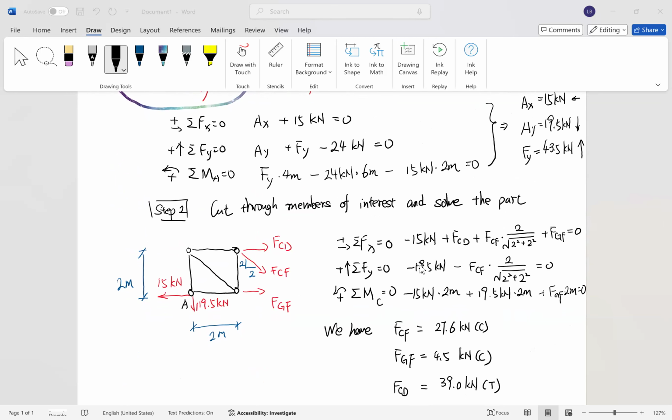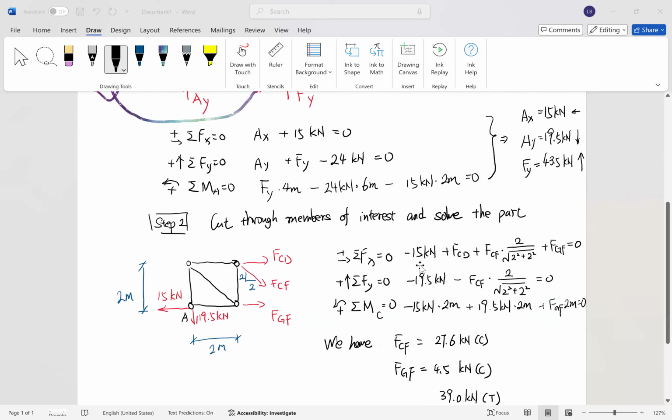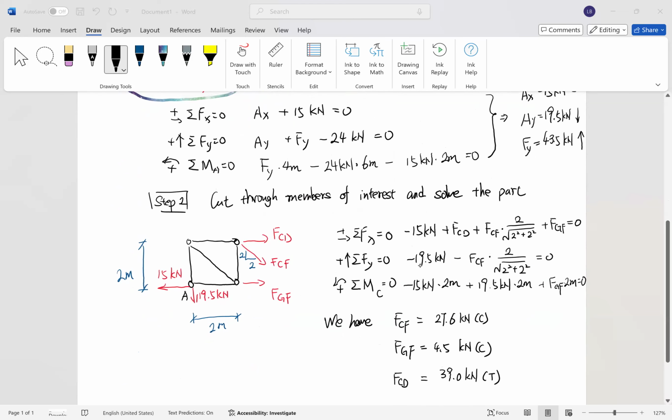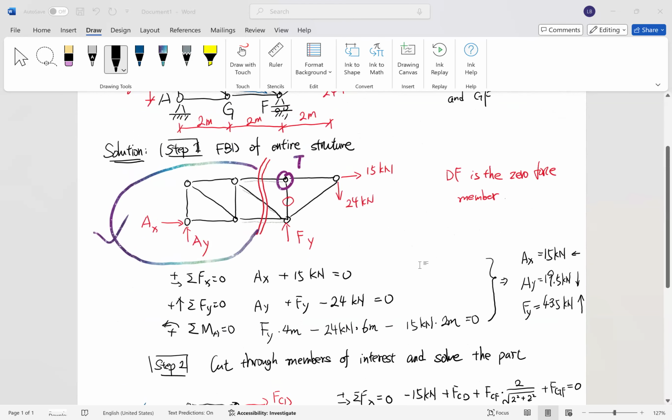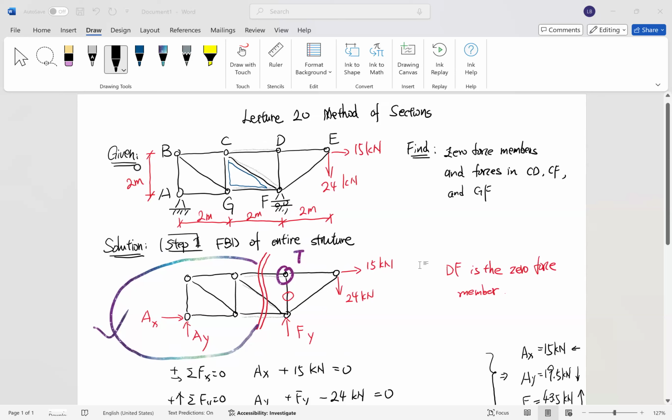Sometimes you may be asked to find more than 3 forces here. Suppose that in this problem, I also ask you to find the member force in BC. In that case, you have 4 member forces to be solved. But even in that case, what you need to do is first cut through no more than 3 unknowns of interest, that is still CD, CF, GF, and use the method of section to solve that.